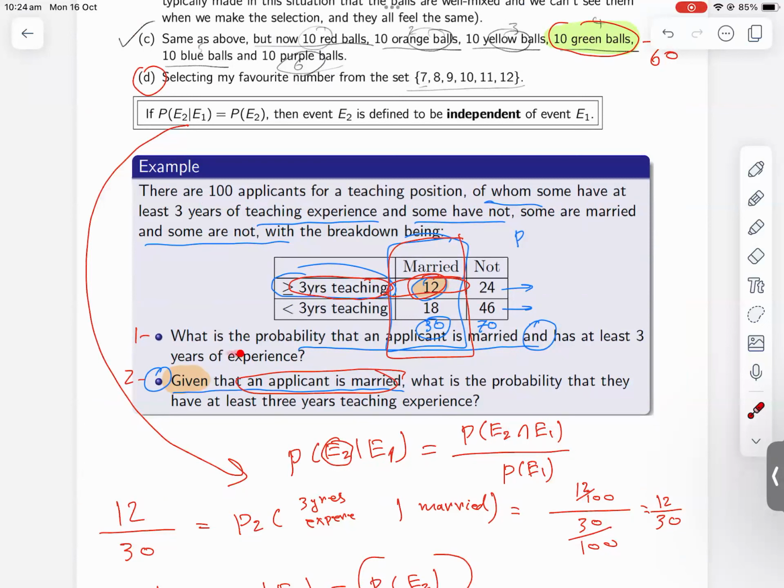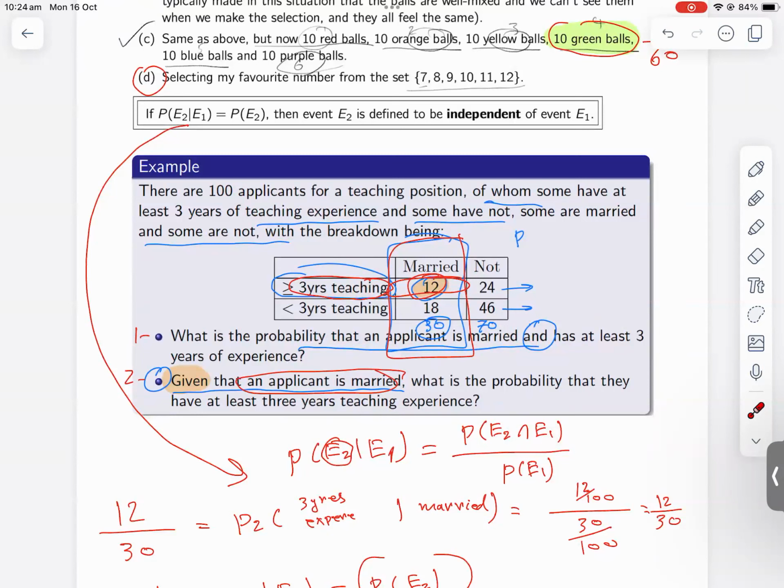So what is the probability that an applicant is married and has at least 3 years? Married is this column, and 3 years, it will be 12 divided by 100. So the answer of this one is 12 divided by 100. It means married intersection with 3 years teaching.